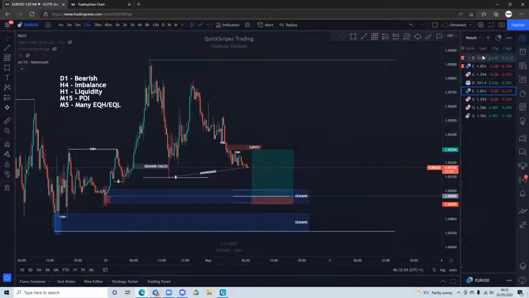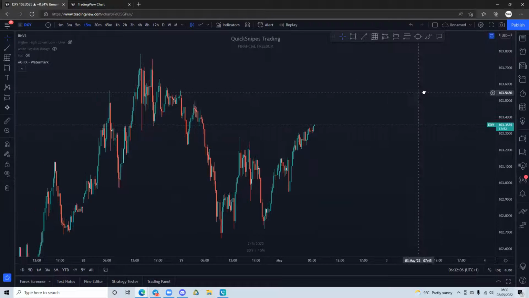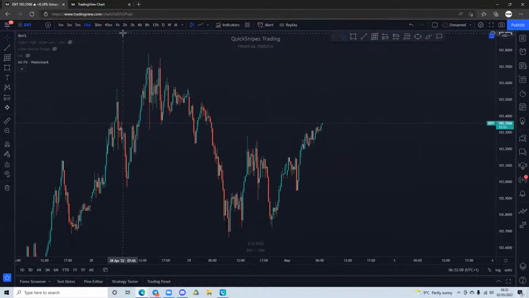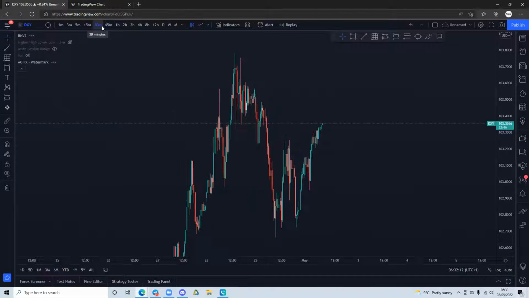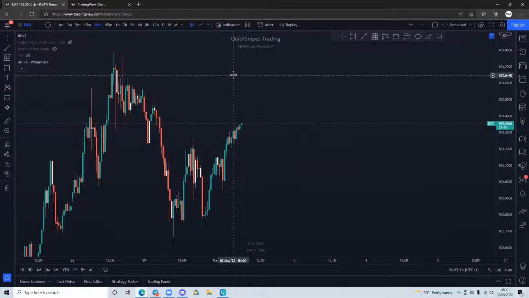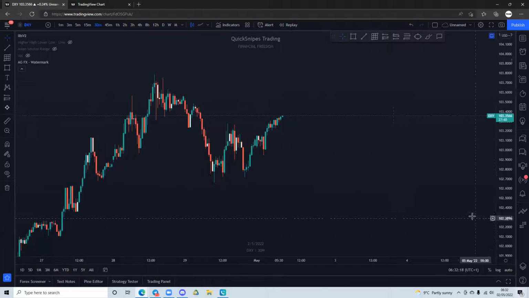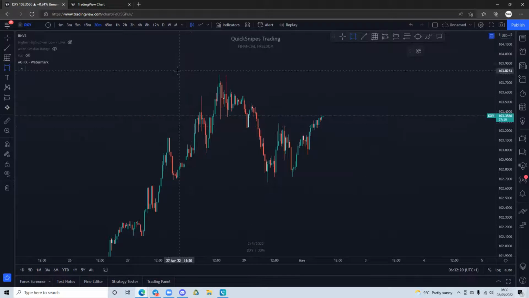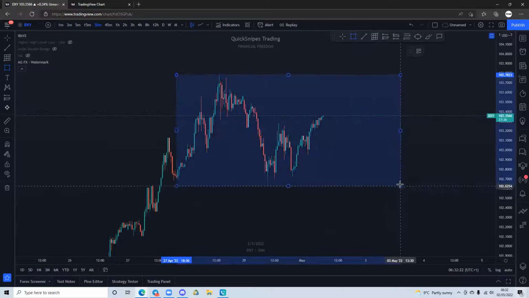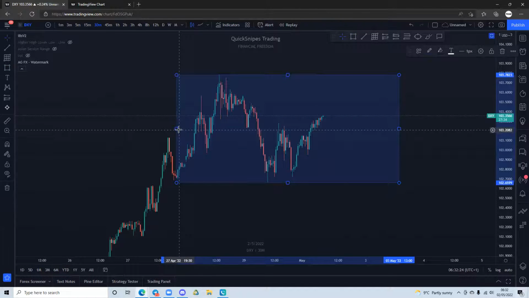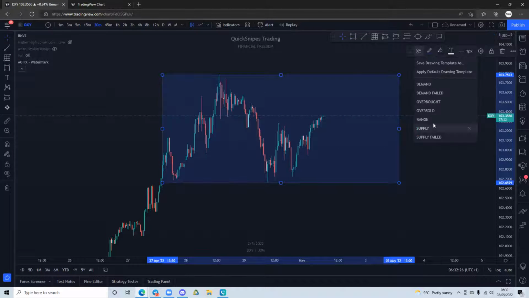We're going to have one last look at the DXY US dollar index, and we'll check it on the 30-minute. It looks good, to be honest, because what this looks like to me is a potential Wyckoff schematic, an accumulation schematic.